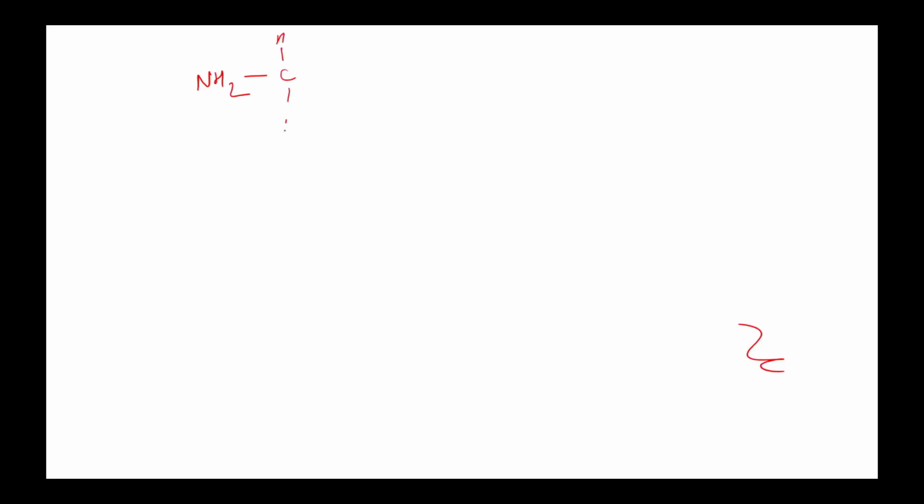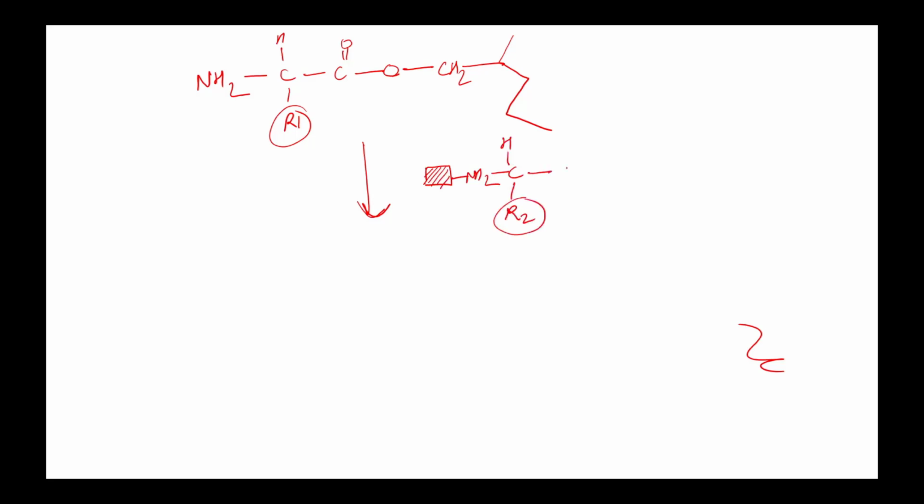You have the first amino acid added with the ester bond to this solid phase. Now after the deprotection, they bring another amino acid whose amino terminal is also protected, but the C terminal is free.